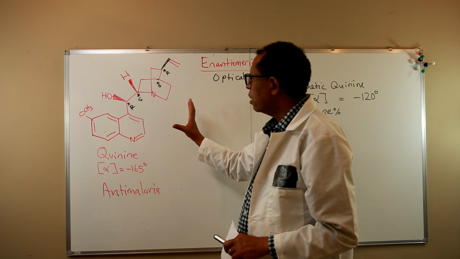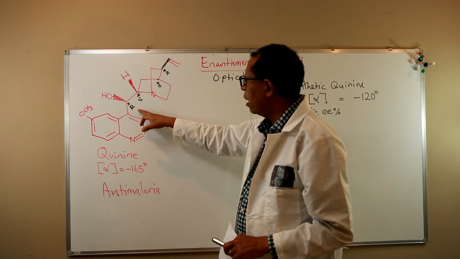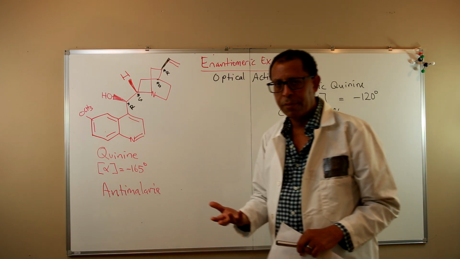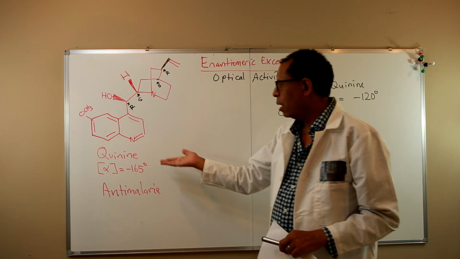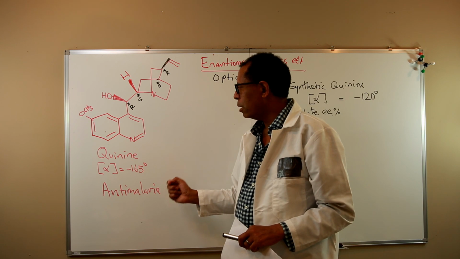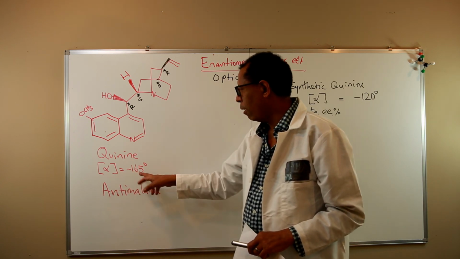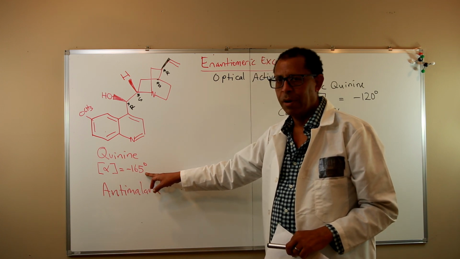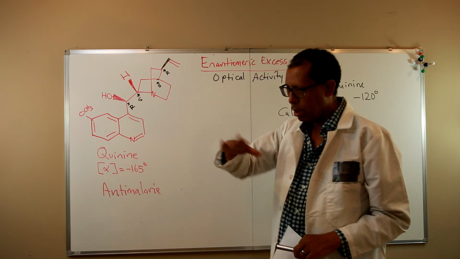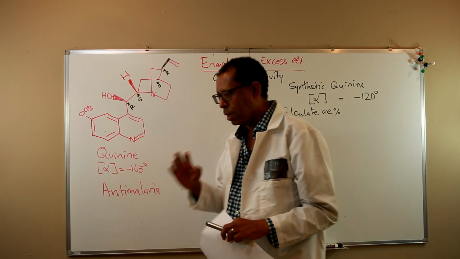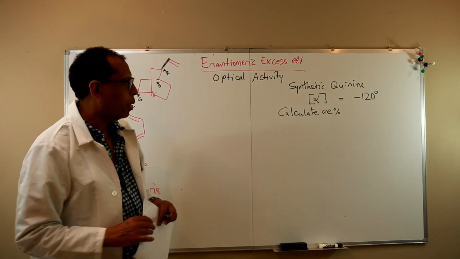In a pure form, the RS-SR, which is isolated from a tree and used as an anti-malarial, has a specific rotation of minus 165 degrees. So it turns the plane polarized light to the left by 165 degrees when it's a pure compound.